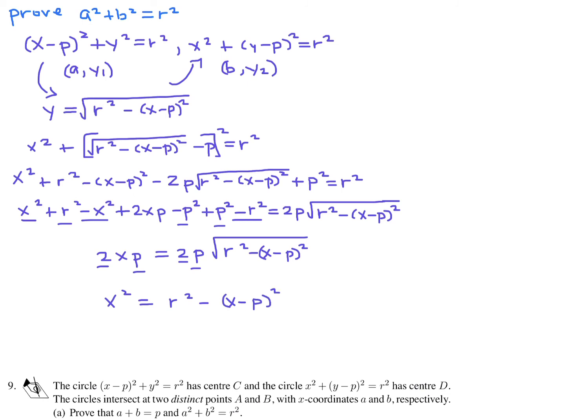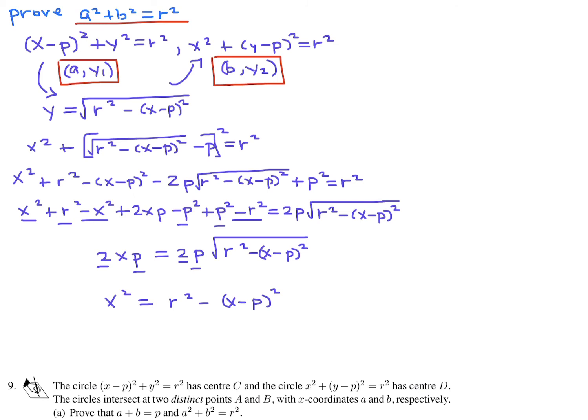And if you expand this, you will get an expression that you can simplify further. But I don't think we need to do that. What we can do at this point is utilize the fact that we've got two solutions that have a's and b's in them, because we've got to prove a² + b² = r², right? So the good news is that we can put that in here.